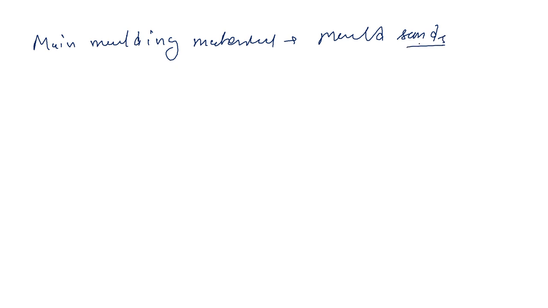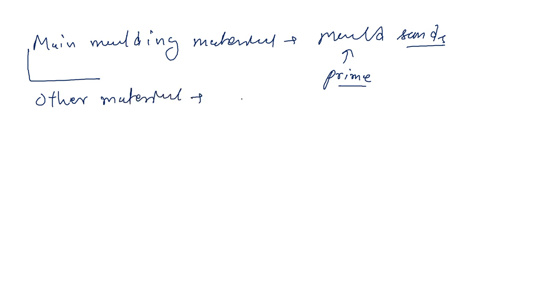This is the prime material, and we can say the principal material, suitable for making the mold. But except for this material, we also use some other materials for special purposes.